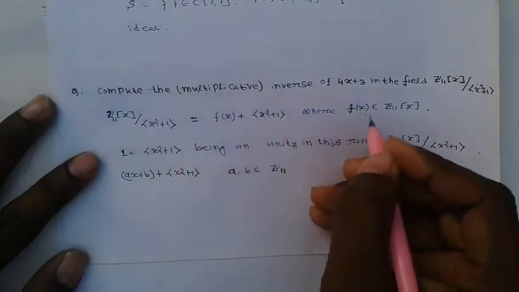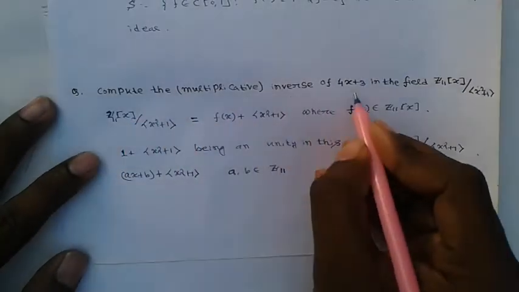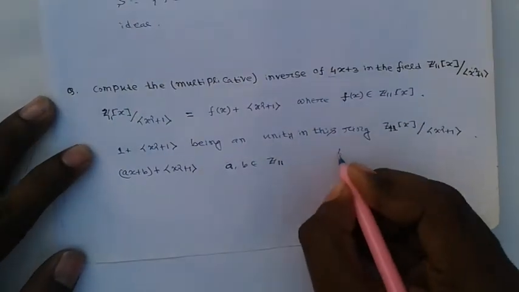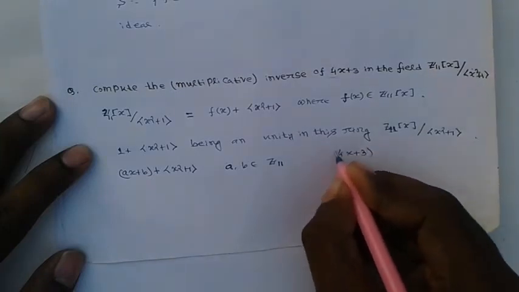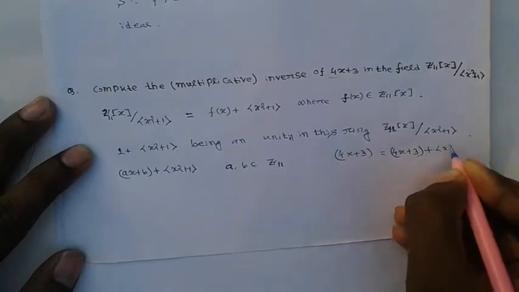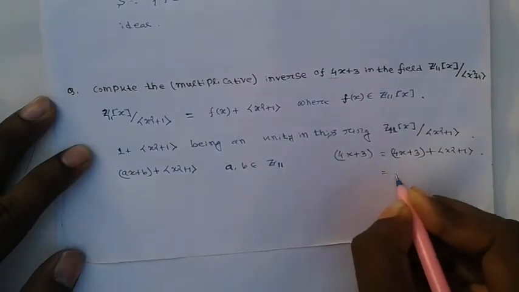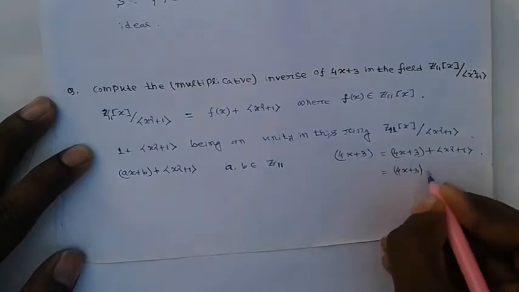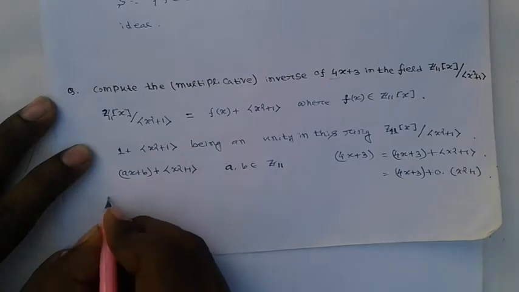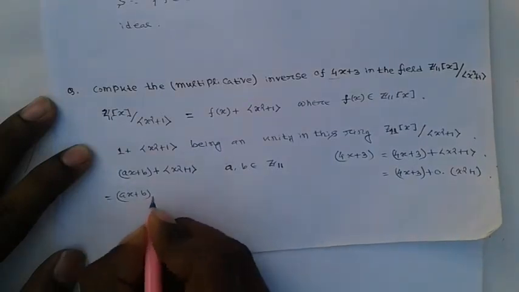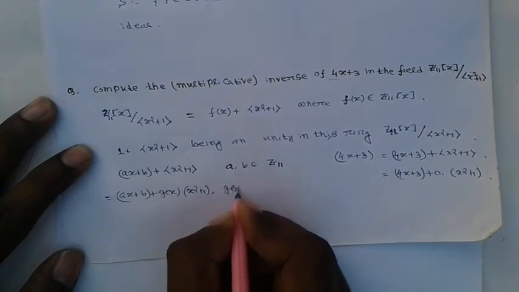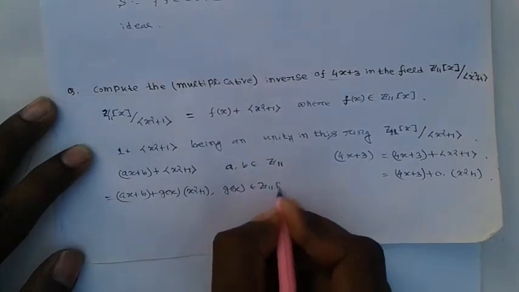Now, the question is the multiplicative inverse of this. So actually 4x plus 3 can be written as 4x plus 3 plus the ideal x square plus 1. Here 4x plus 3 plus 0 into x square plus 1, because this can be written as ax plus b plus g(x) times x square plus 1, where g(x) belongs to Z11[x].